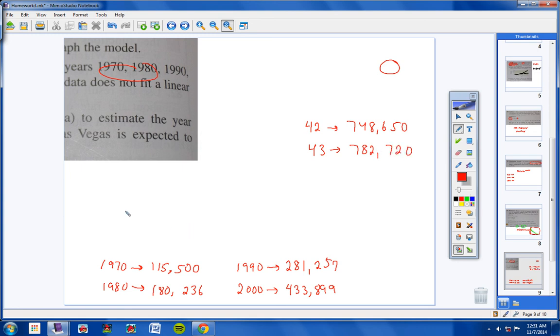So it looks like we're starting in 1970 and we're going to go 42 years past that. No, 43 years past that. So in the year 2013, they're estimating the population of Las Vegas, Nevada, will exceed 750,000. Okay.